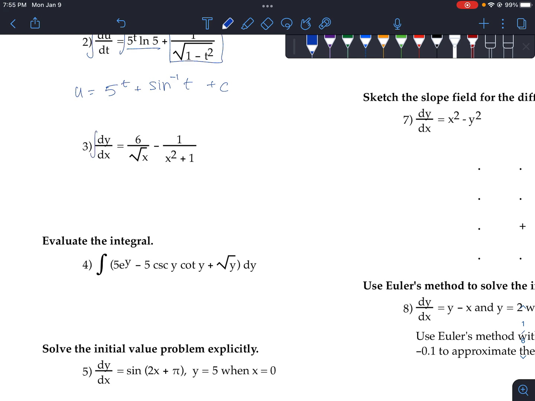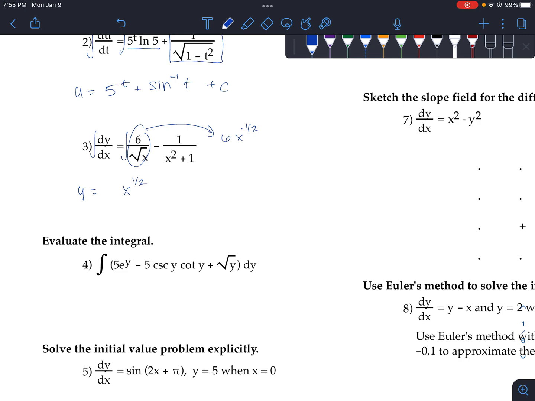For 3, integrate both sides, so I get y is equal to, for this term right here, it might be helpful if you look at it as x to the negative 1/2. So I'll increase the power by 1, so I should have x to the positive 1/2.